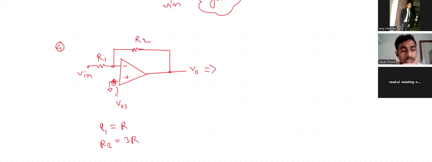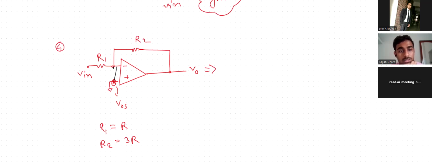As we know, it is a negative feedback op-amp, so the virtual short circuit concept will be applied here, and this V offset will be applied at this node.